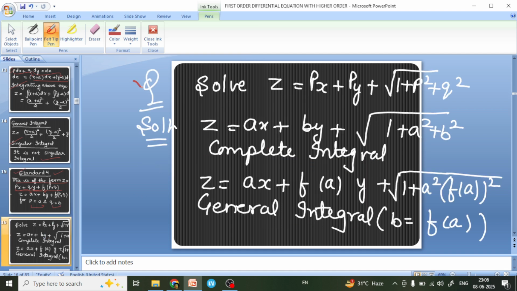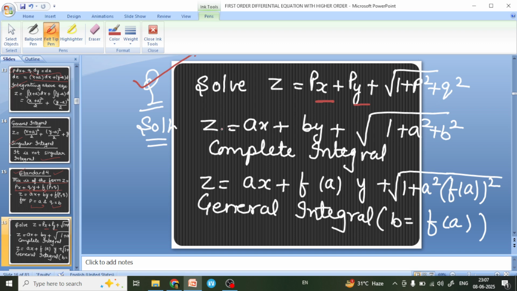Now take one question: z is equal to px plus qy plus square root of 1 plus p square plus q square. We can say that this equation is of the form px plus qy, plus a function of p comma q.